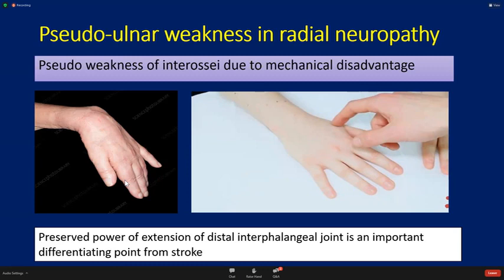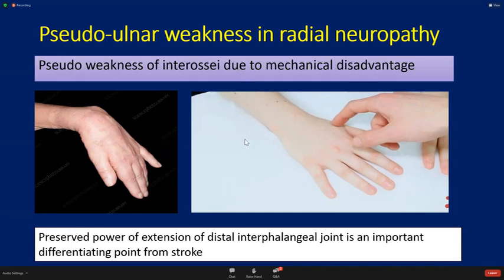You can check in your own hand that when the hand is kept in flexion, it has to be stabilized and only then tested. Otherwise, you would end up thinking that it is not a mononeuropathy, and we may believe that the lesion extends beyond the radial nerve. So you should always look out for that.